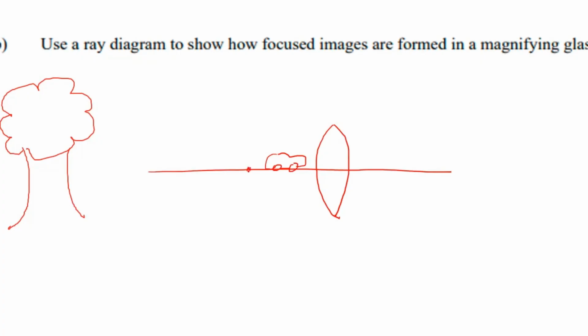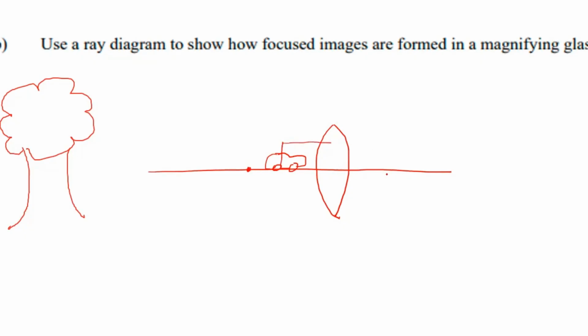So this would be your principal focus. If you put any object in front of the principal focus of a converging lens, the image is going to be virtual, and that's what a magnifying glass gives us, right? So what you would need to do is draw a light ray that goes towards this side.